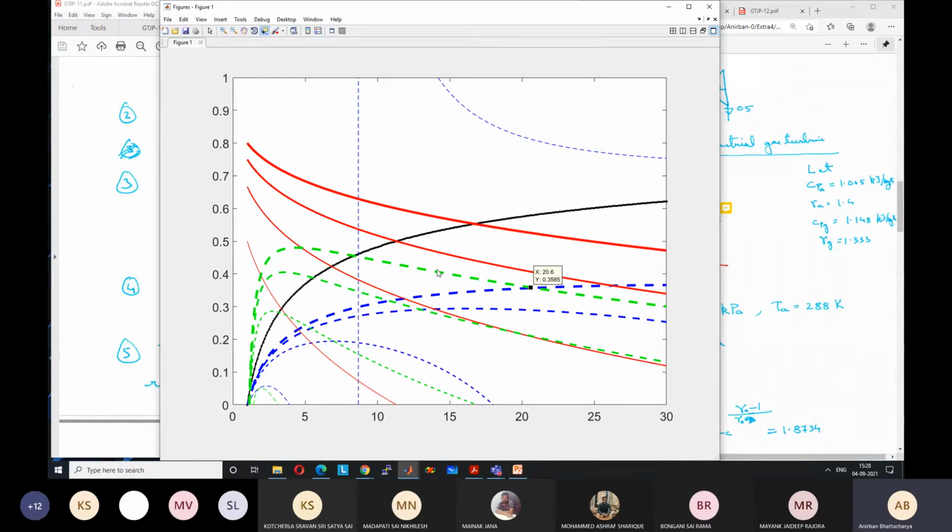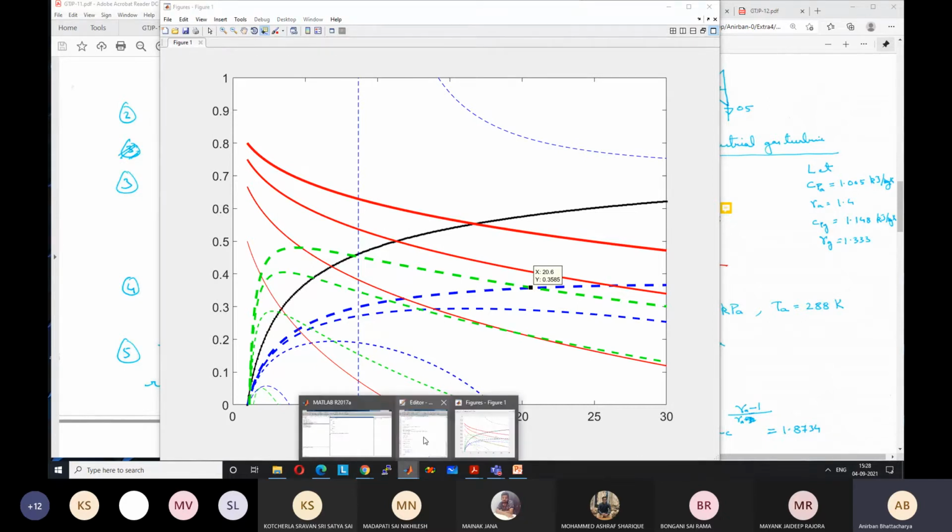For different values, you can change, for example, the isentropic efficiency of the compressor and turbine and see how the efficiency of the cycle changes. Let me show you what values I have taken in this case.